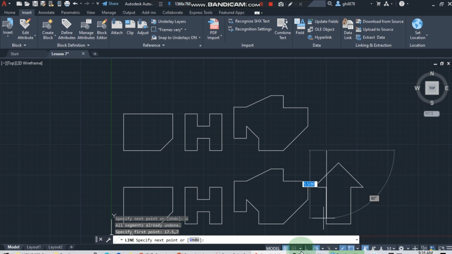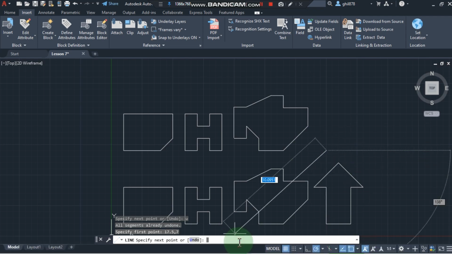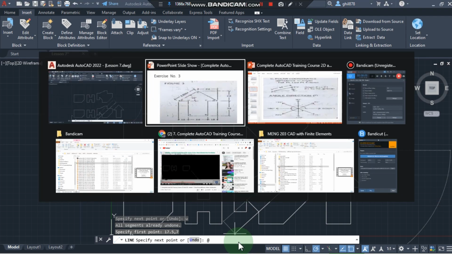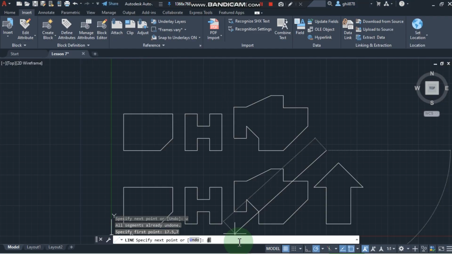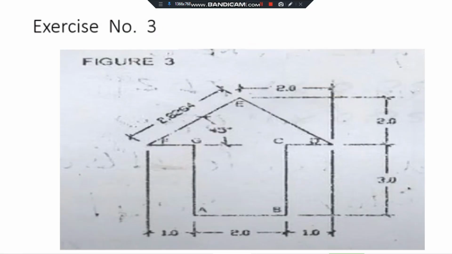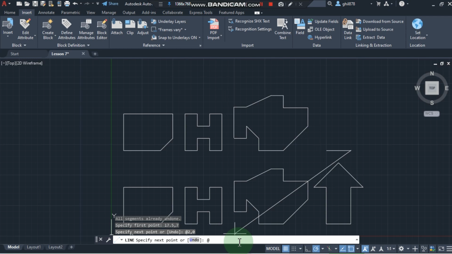So using the polar coordinates, we have at a distance of 2, 0 degrees. Going up, we have at 3, angle of 90 degrees upward.